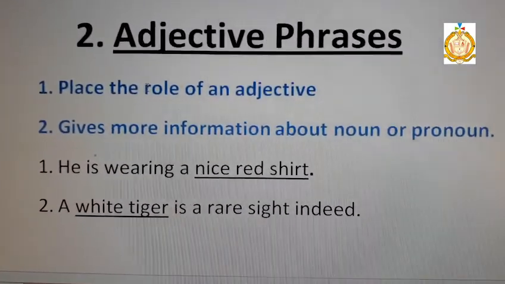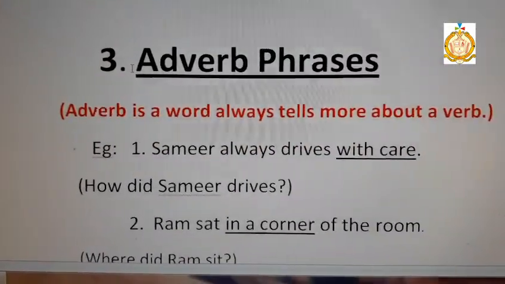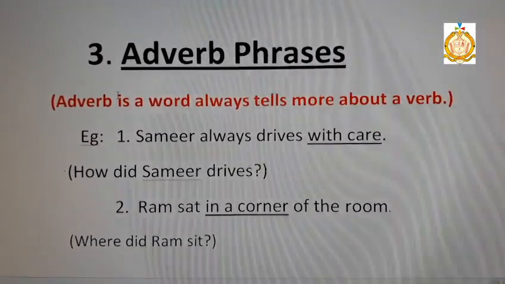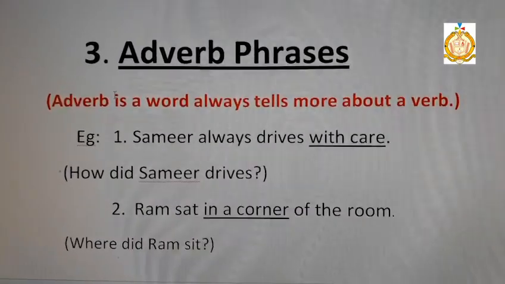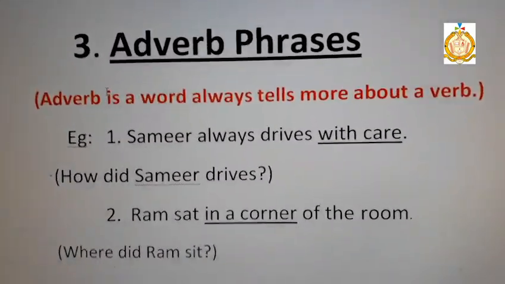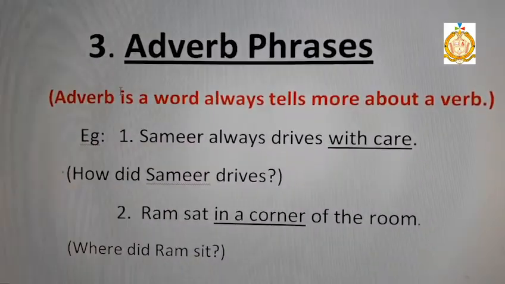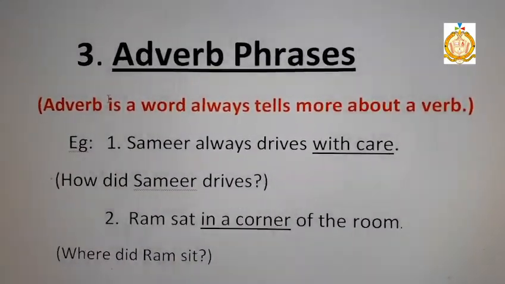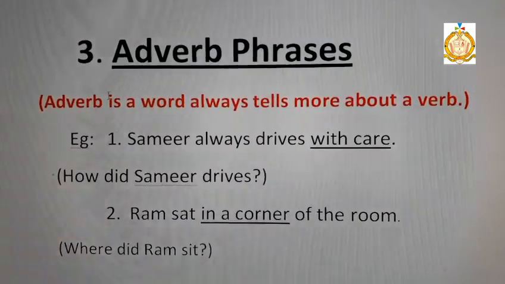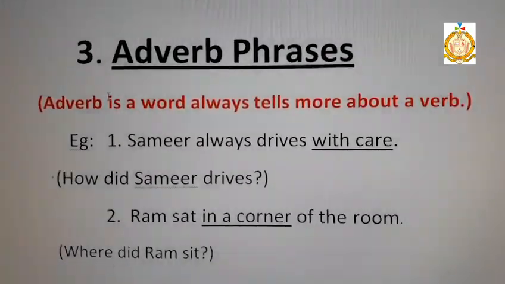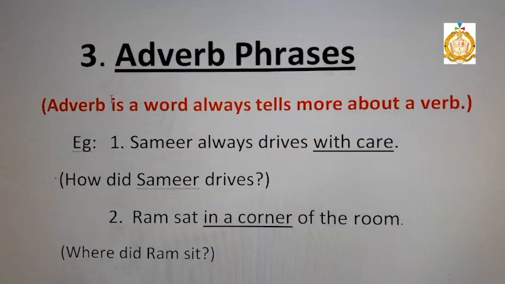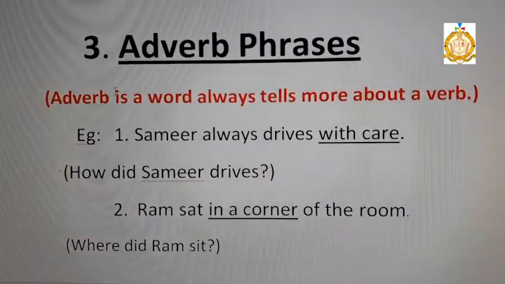Now we go with the next phrase, the adverb phrase. Here we need to understand what is an adverb. Adverb means saying something more about a verb. Verb means action, and we speak something more about an action.